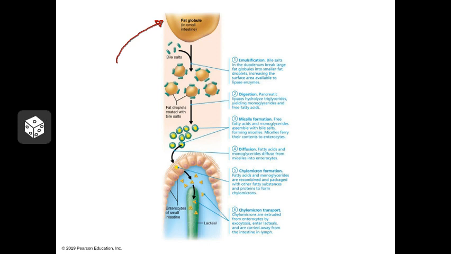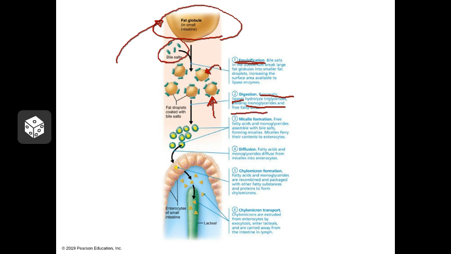So these fat globules are emulsified by the bile salts, as you see here. The bile salts also kind of stick to the surface of these small globules or droplets of fat. The pancreatic lipases then target those fats and break them down into monoglycerides and free fatty acids.